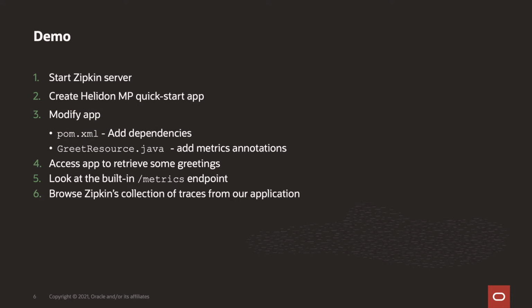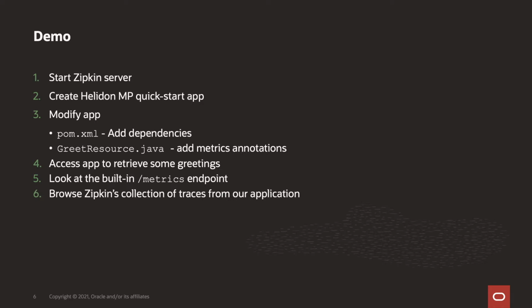In the demo we'll do today, we will illustrate how you can easily add exemplar support to an existing Helidon MP application. We'll begin by starting the Zipkin server locally. We will create a new Helidon MP project, the Quick Start app, which accepts requests and returns either generic or personalized greetings. Then we'll modify the app.